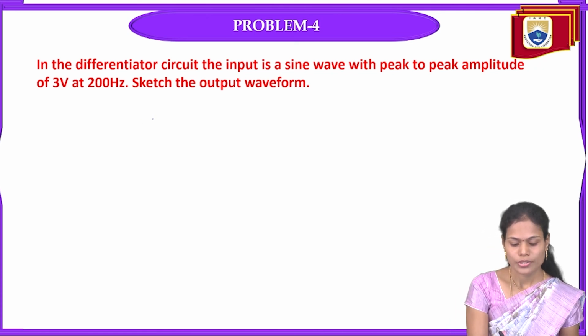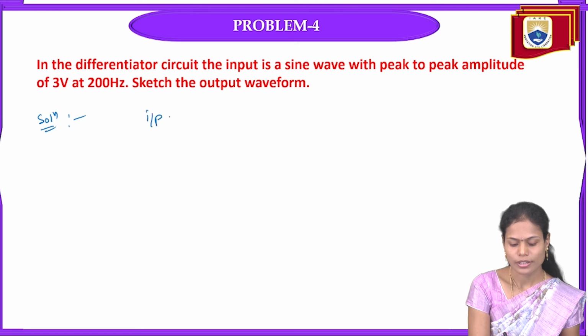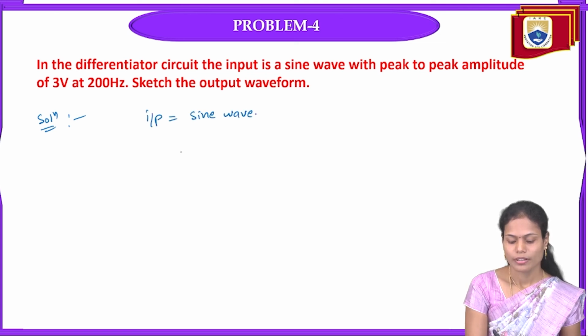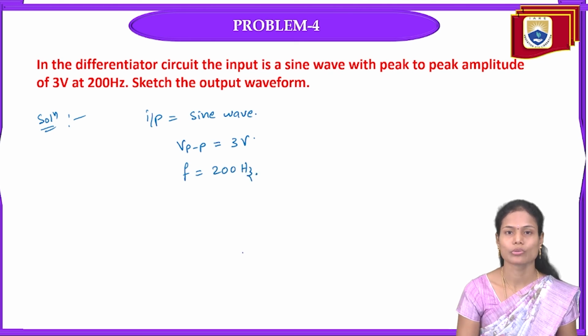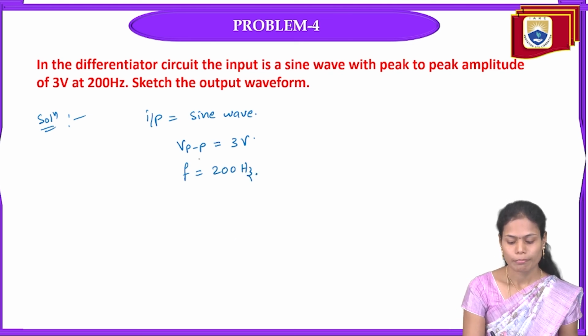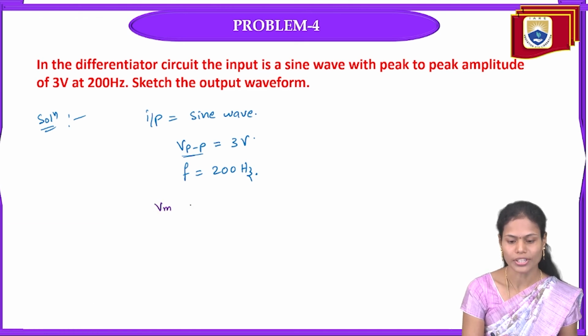So here the input signal is given as a sinusoidal signal, a sine wave with peak to peak voltage of 3 volts and frequency of 200 Hz. By using this peak to peak value, we can calculate the maximum input voltage Vm.